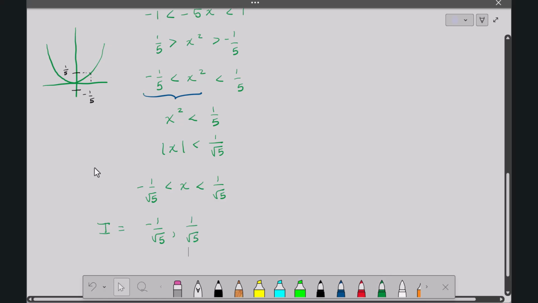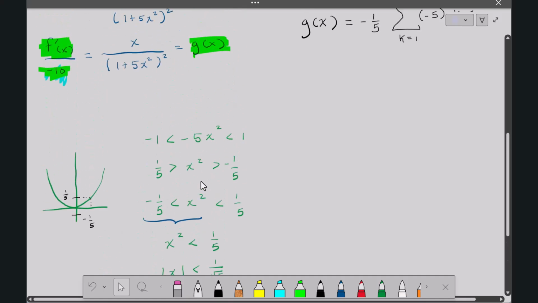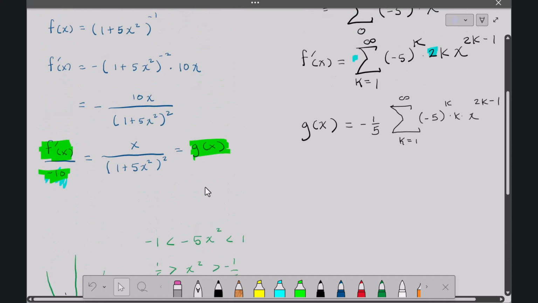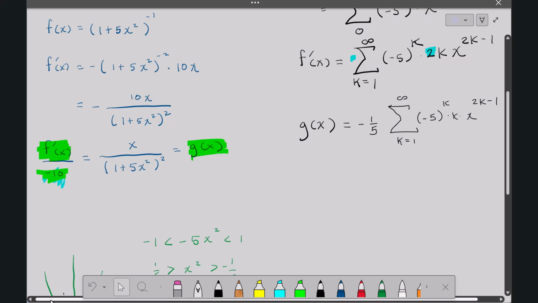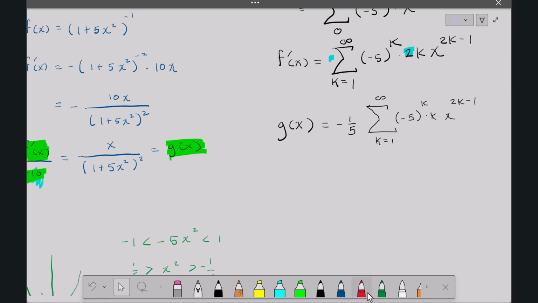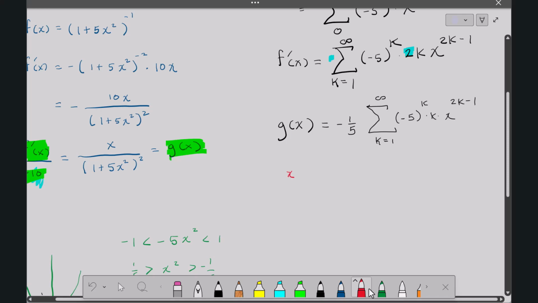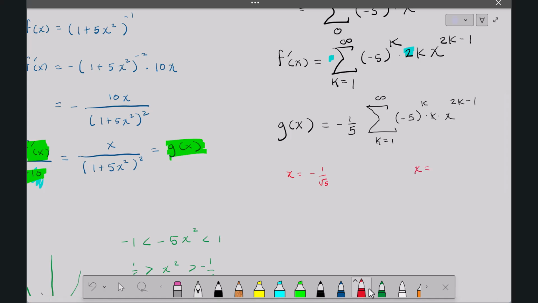So we now need to go to the series and plug those in. We're going to look over here, and plug in x equals negative 1 over root 5, and plug in x equals positive 1 over root 5.